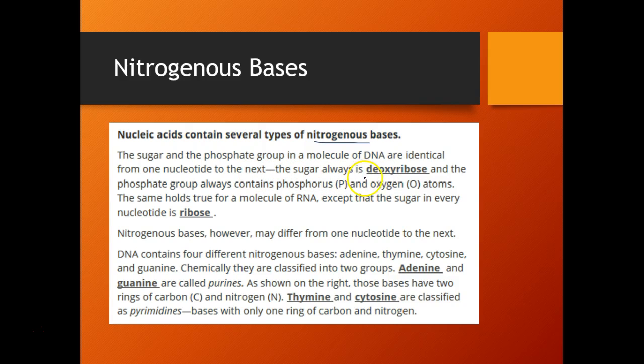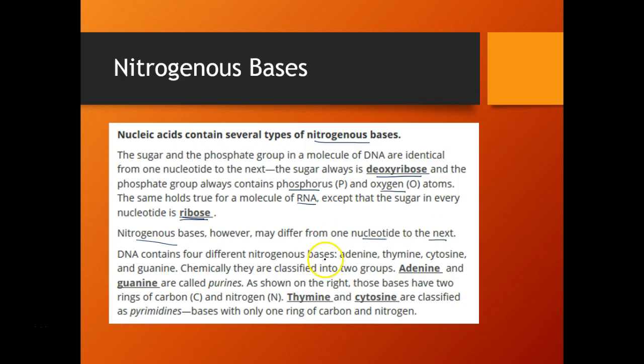In DNA, the sugar is always deoxyribose, and the phosphate group always contains the phosphorus and the oxygen atoms. The same holds true for the molecule in RNA, except that instead of deoxyribose as in DNA, every nucleotide in RNA has the sugar ribose.